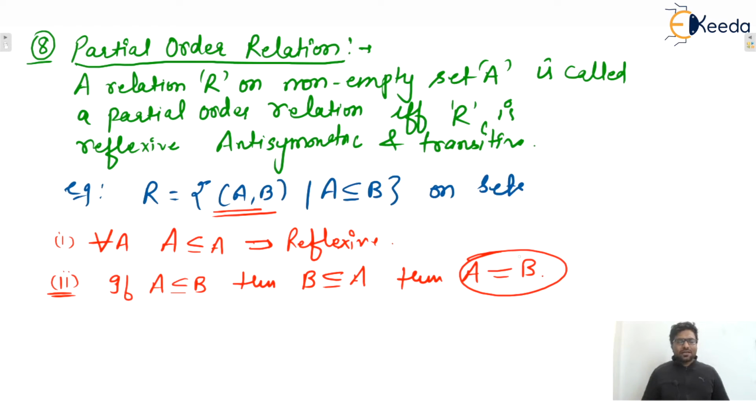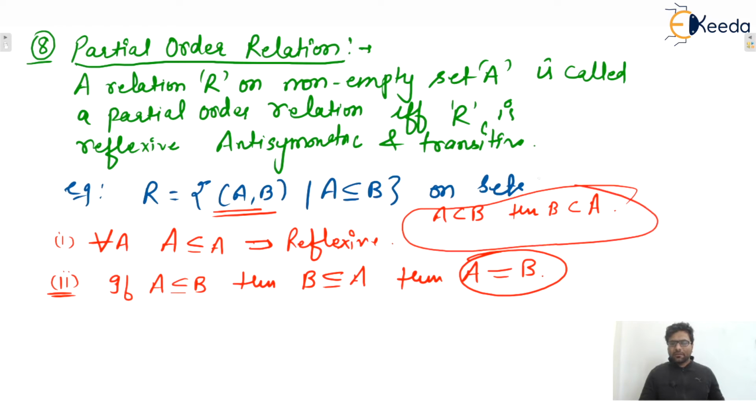And that is allowed in the case of antisymmetric because self loops are allowed. Otherwise, if A is a proper subset of B, then guaranteed B won't be a subset of A. So antisymmetry is also satisfied here.